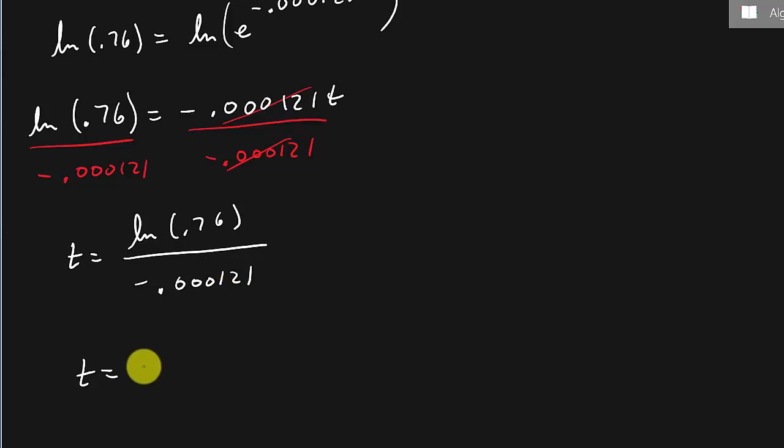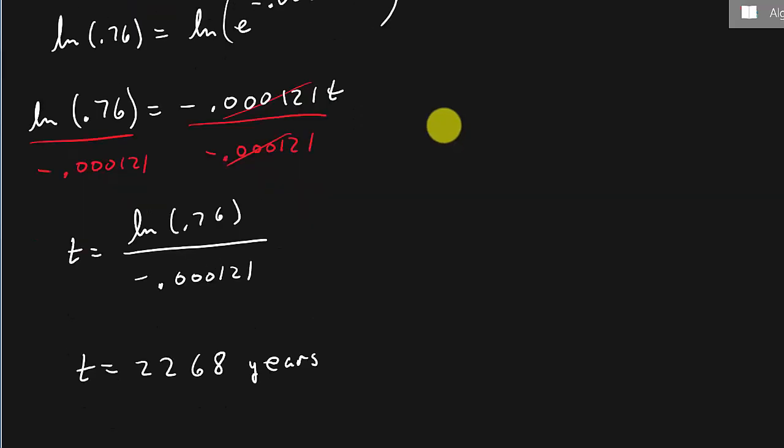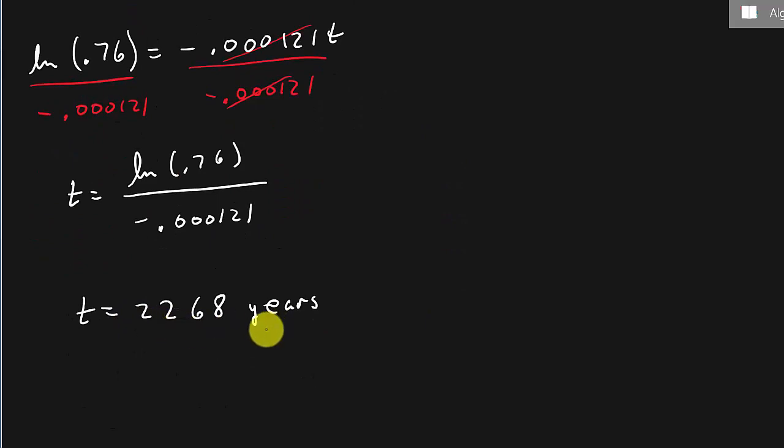When you punch that into your calculator, you get a decimal, but let's round it. So t is equal to 2,268 years. So how old are the Dead Sea Scrolls? Well, it's 2,268 years.